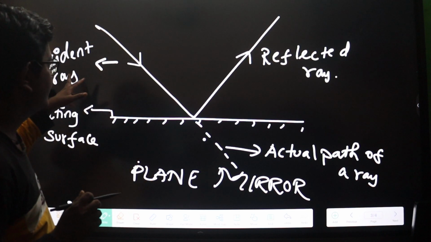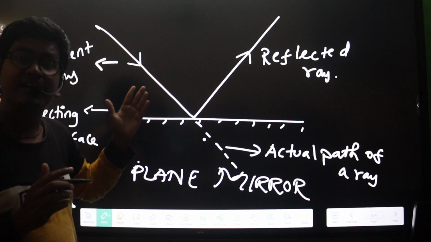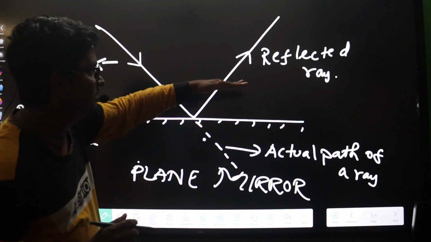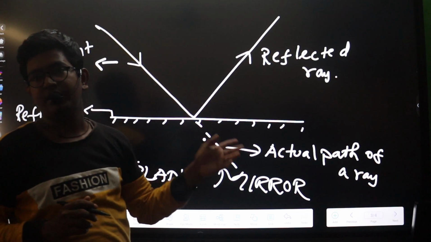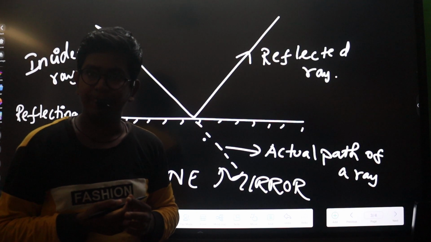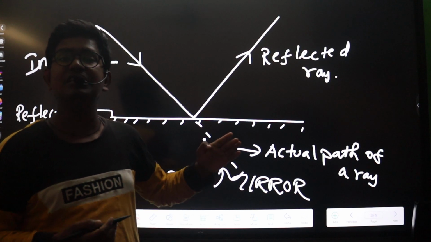That's why I said it is an incident ray, as it is moving towards the reflecting surface of a plane mirror. Right, here this ray is moving away from the reflecting surface after the reflection phenomena. Once the reflection phenomena has been done, then only the ray changes its path.